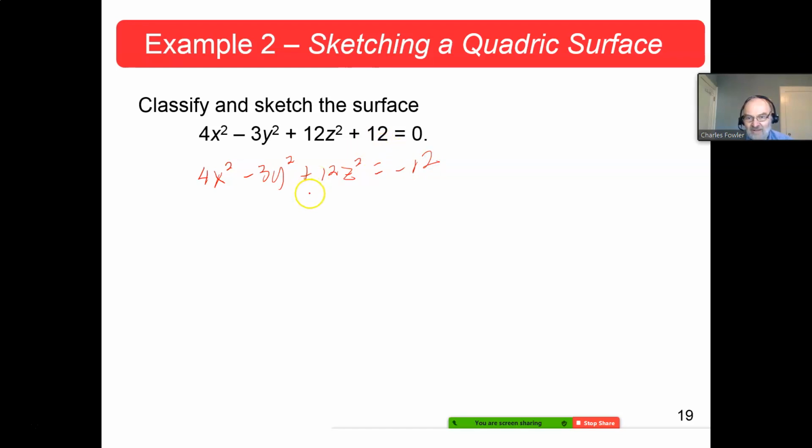Subtract 12 from both sides. Now, divide everything by minus 12.